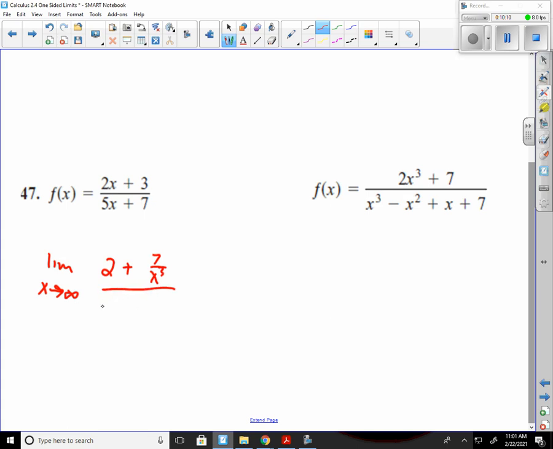And then x to the third divided by x to the third is 1. X squared over x to the third is 1 over x plus 1 over x squared plus 7 over x to the third.